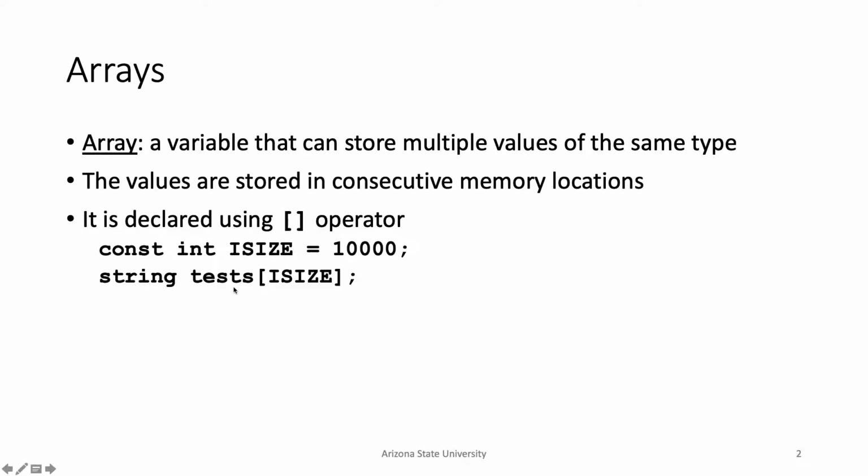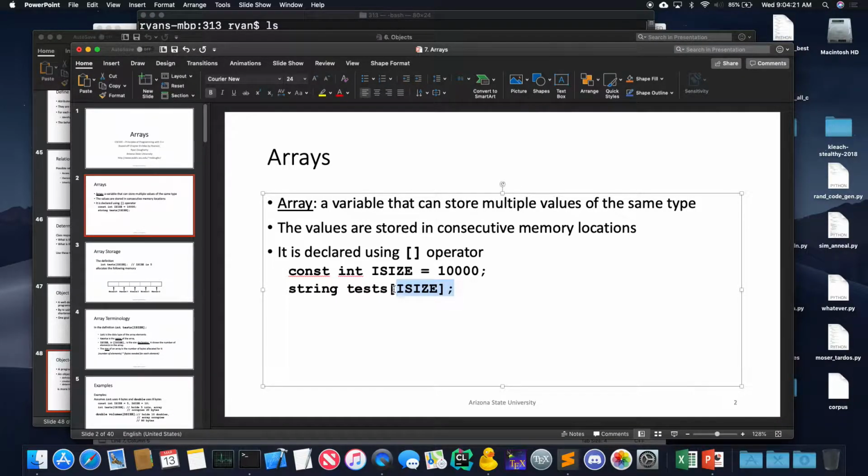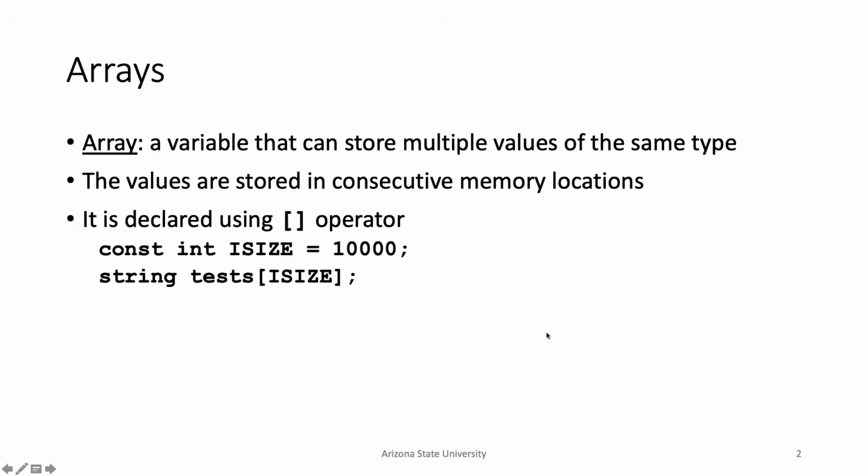Whereas before we would say string tests like this and nothing else, maybe set it equal to some string, if you want to actually declare an array, you say the name of the array, tests in this case, then square brackets. Then inside the square brackets, you say how many integers or how many strings you want in the array. So in this case, I'm going to have 10,000 elements, 10,000 strings.